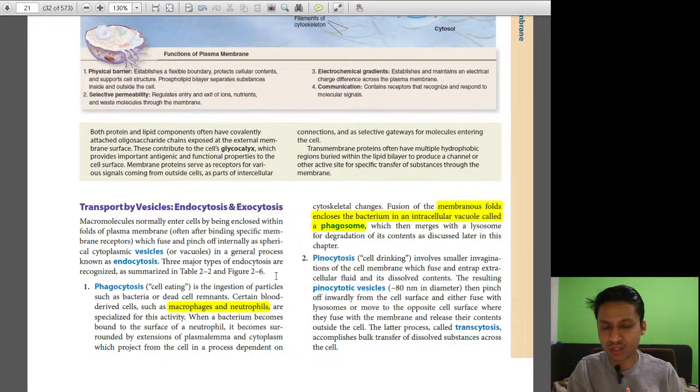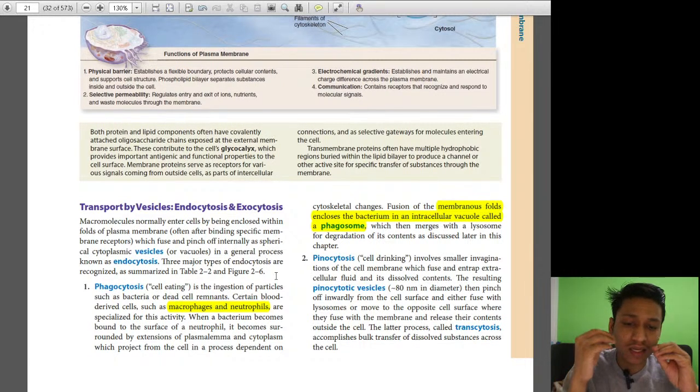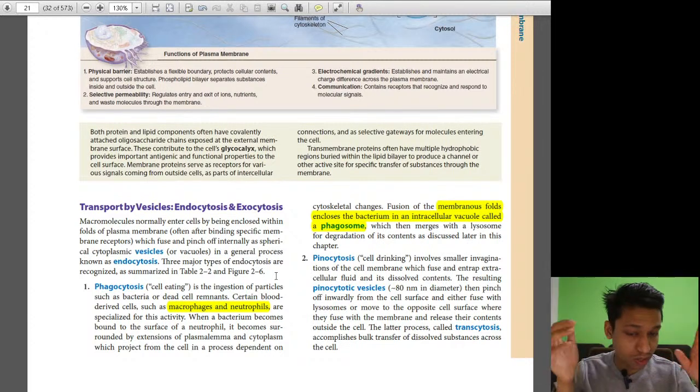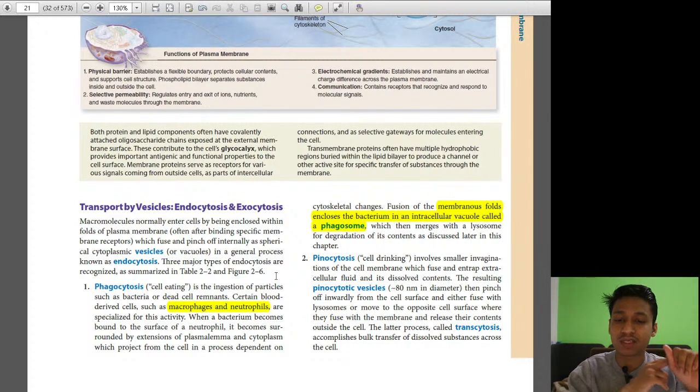Phagocytosis. The first type is phagocytosis. Phagocytosis, in layman's language, is cell eating, the ingestion of particles such as bacteria or dead cell remnants. Certain blood derived cells such as macrophages and neutrophils are specialized for this activity. So among the five blood cells, two important ones, macrophages and neutrophils, are responsible for phagocytosis. When a bacterium becomes bound to the surface of the neutrophil, it becomes surrounded by extensions of plasmalemma, that is plasma membrane, and cytoplasm, which project from the cell in a process dependent on cytoskeletal changes.